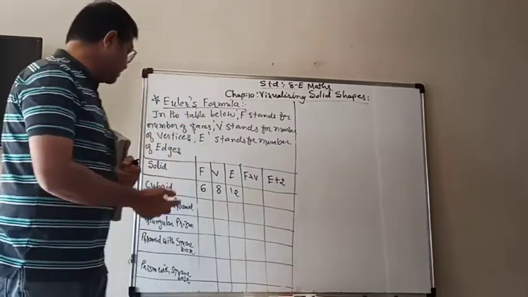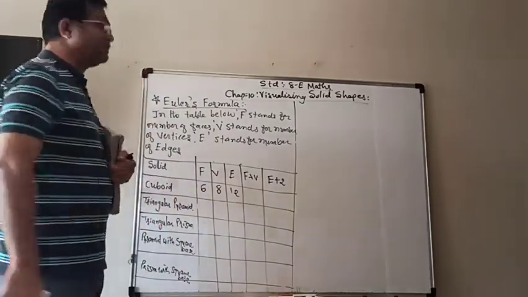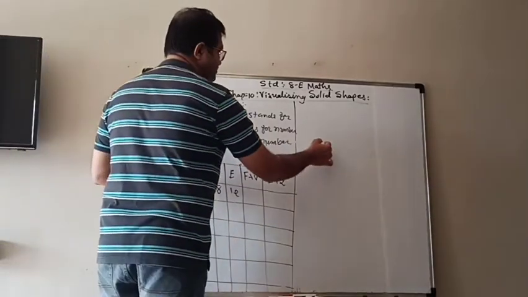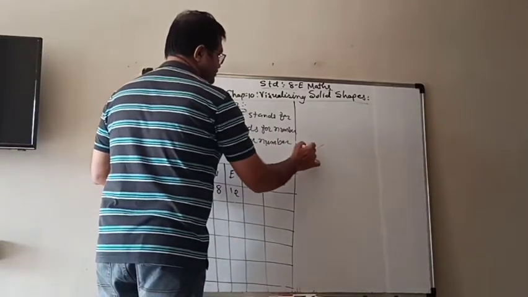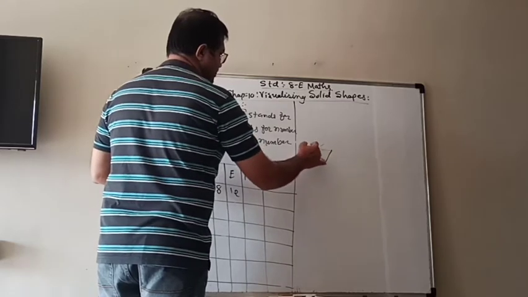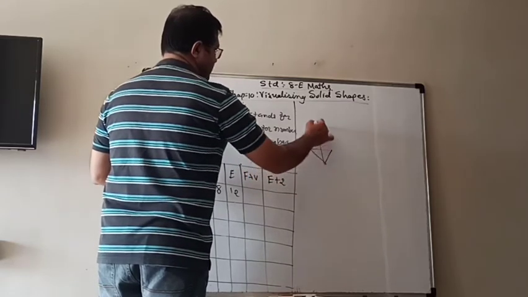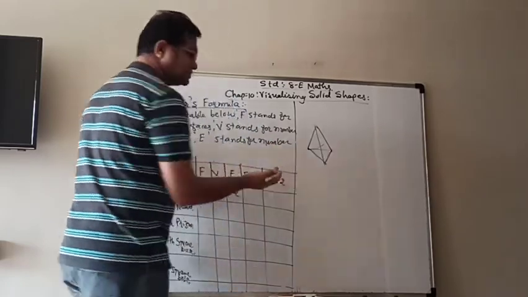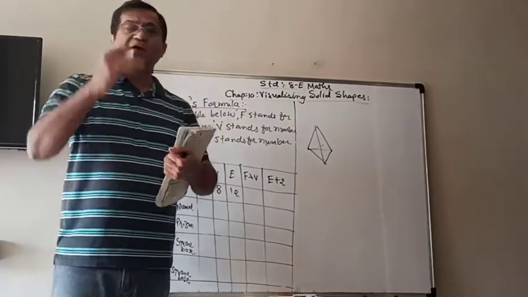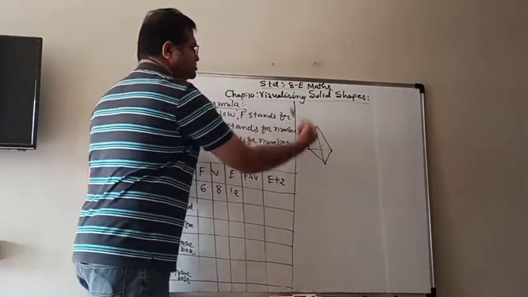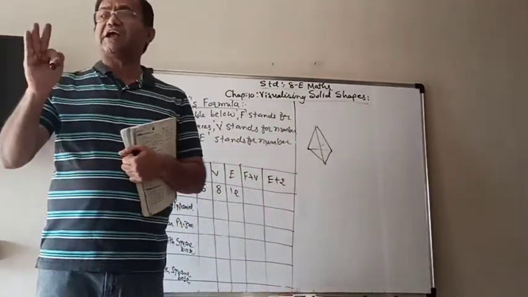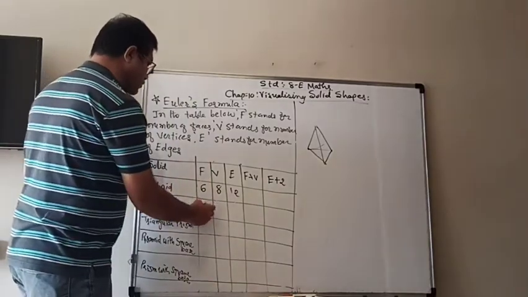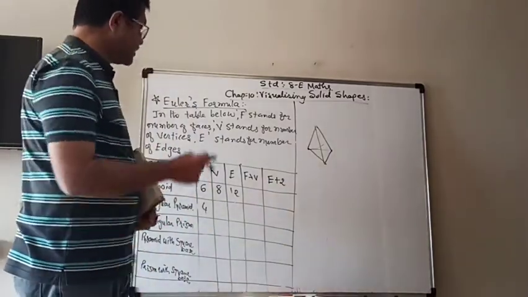Now check the triangular pyramid, a pyramid with a triangular base. The base is a triangle and the other faces meet at the top. So one base and another 3 sides means there are 4 faces. A triangular pyramid has 4 faces.